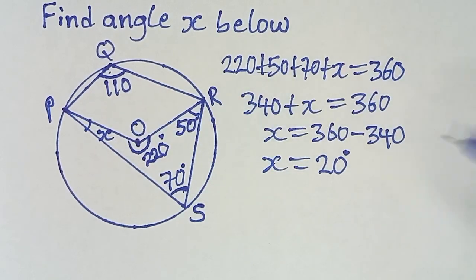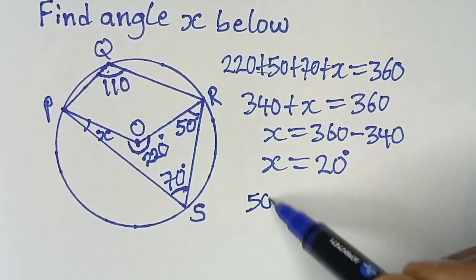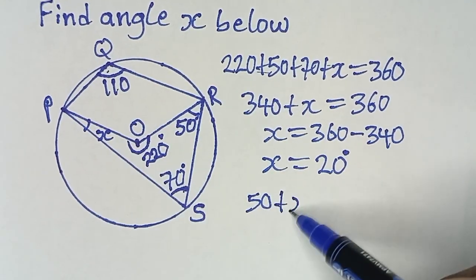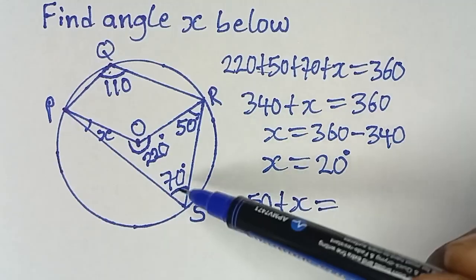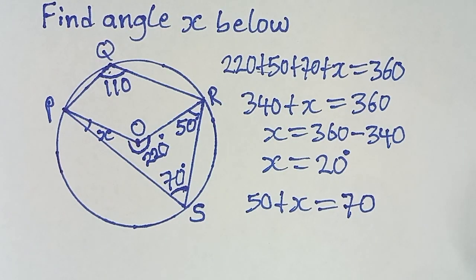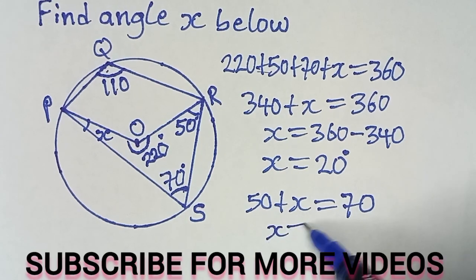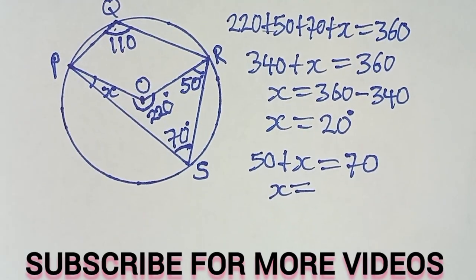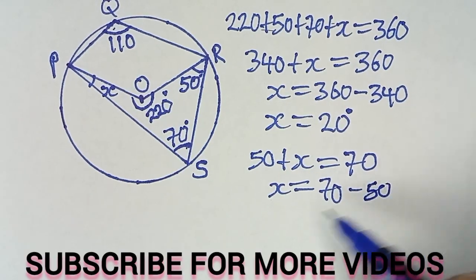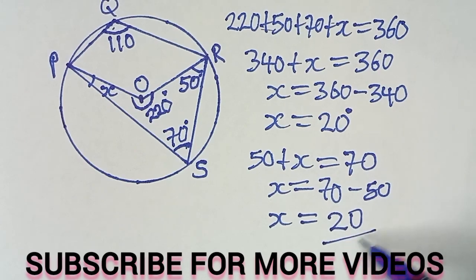This angle 50 plus this small angle here, X, is equal to this angle at this point, which is 70 degrees. Don't forget that. So X is equal to 70 minus 50, and that will be equal to 20 degrees, as obtained before.